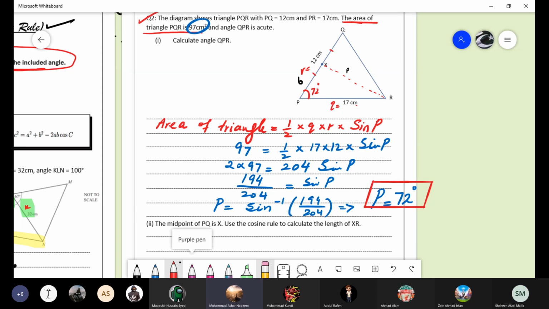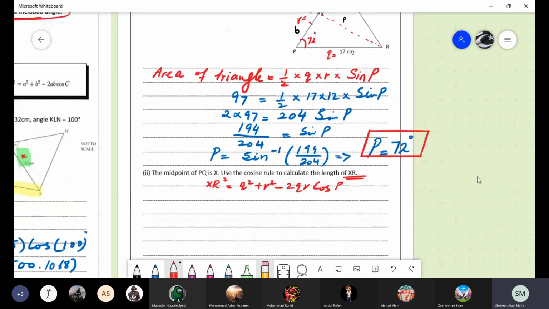First of all, we will write XR, whatever is the requirement of the question. XR square is equal to Q square plus R square minus 2QR cos P. Now we have all the values.